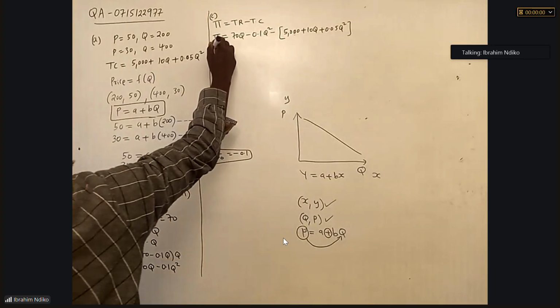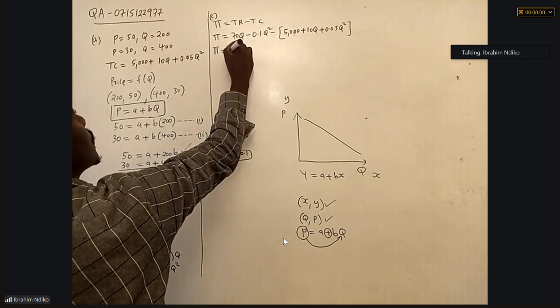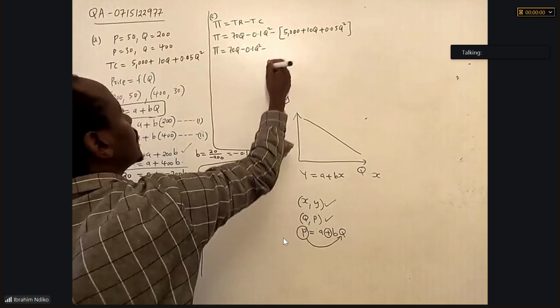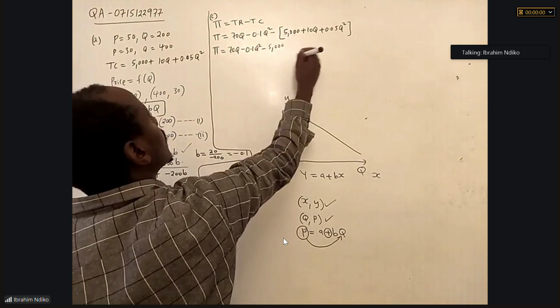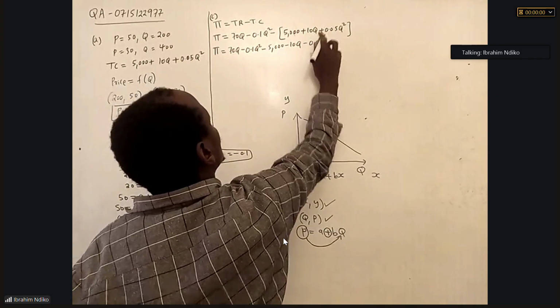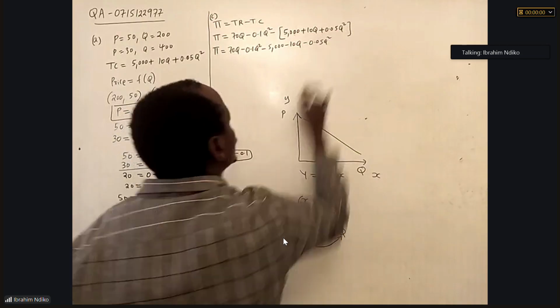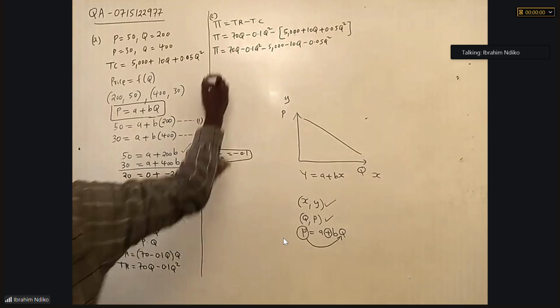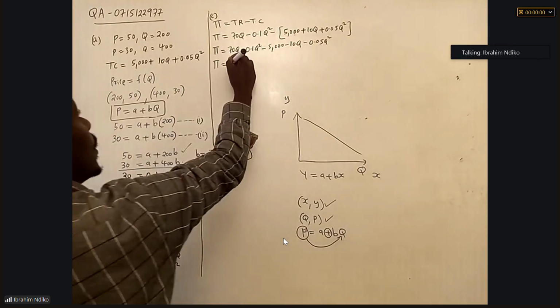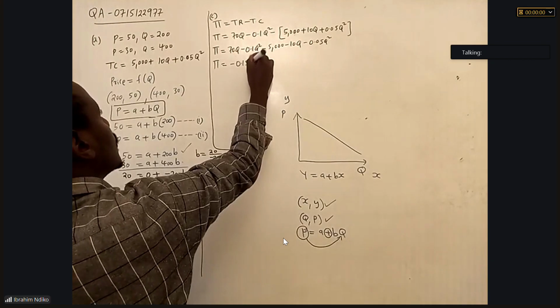So what will be our profit? It was 70Q minus 0.1Q squared minus 5,000 minus 10Q minus 0.05Q squared. So we collect the like terms. You can start with the squared. So minus 0.1 minus 0.05 is minus 0.15Q squared.